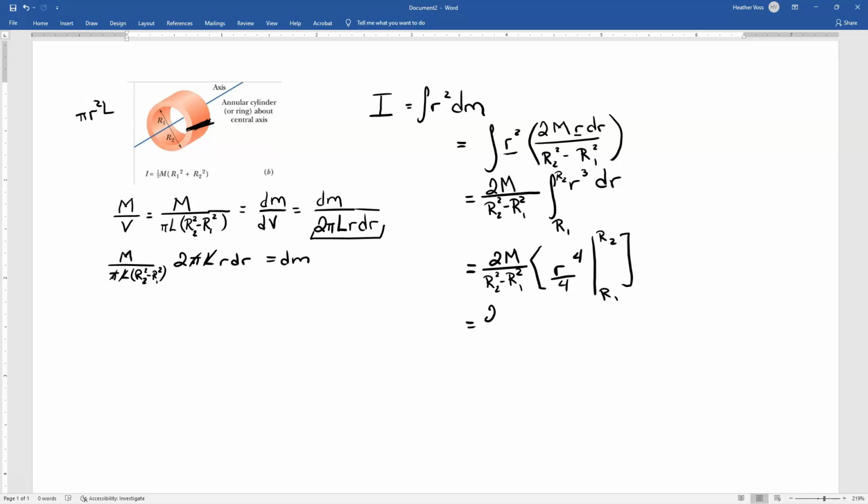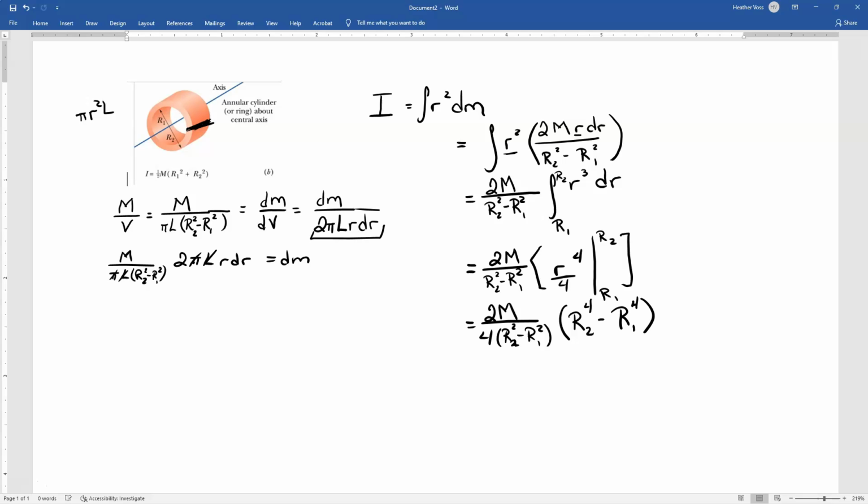So we're going to have 2 times the mass over 4 times r2 squared minus r1 squared. Now when I evaluate this definite integral, what I'm going to get is r2 to the fourth, so I'm going to substitute that in first, top minus the bottom.